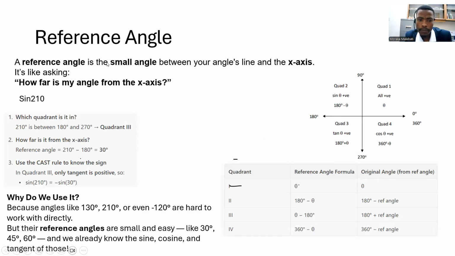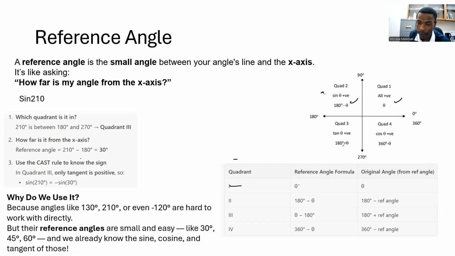So, the reference angle. We are already familiar with this diagram. This one is for getting the original angle from the reference angle. So, the reference angle formula is the same.